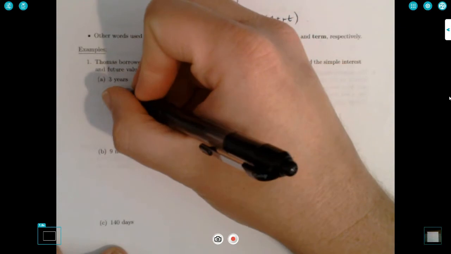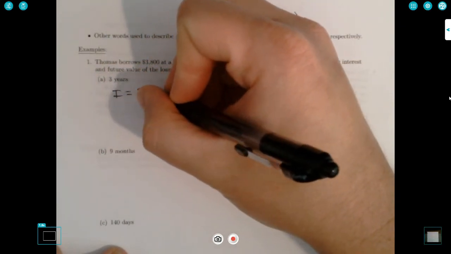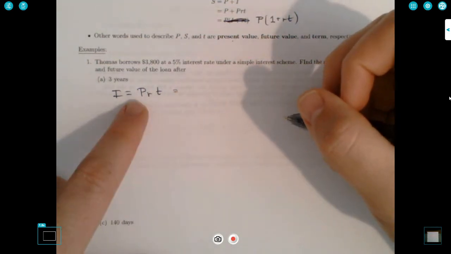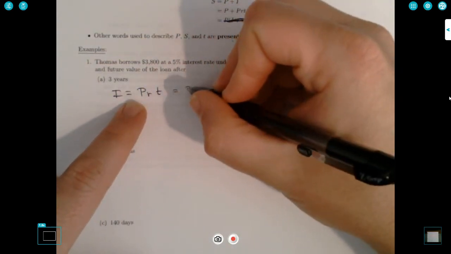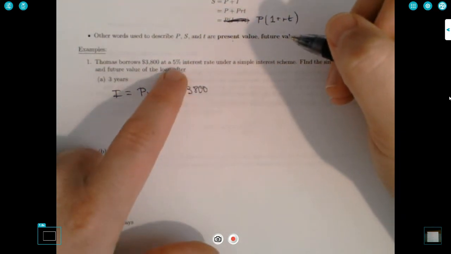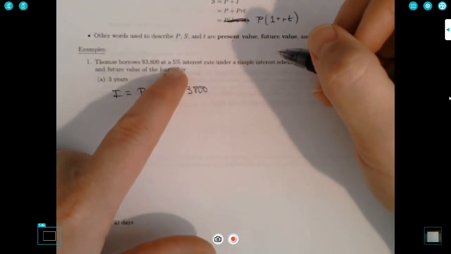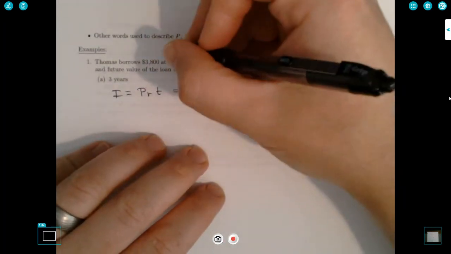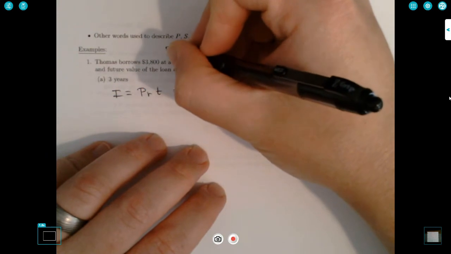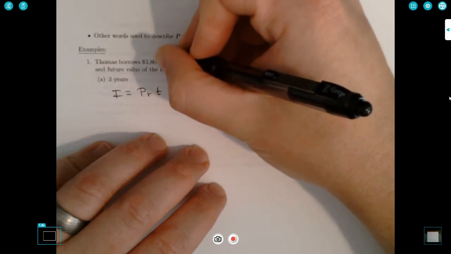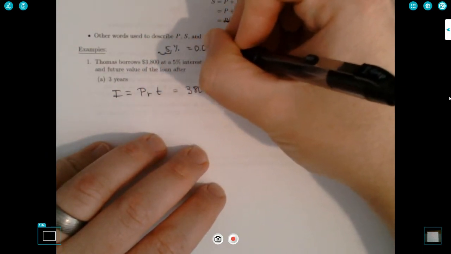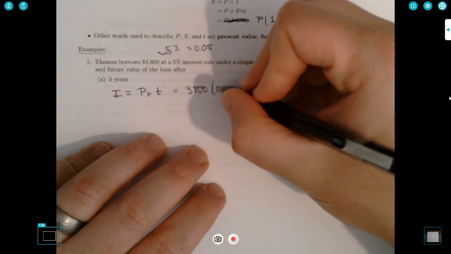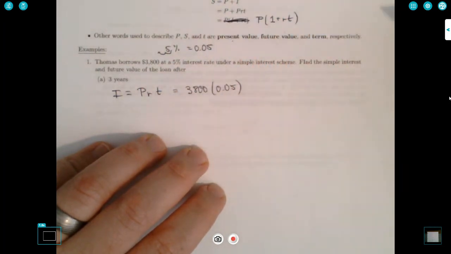The simple interest I is P times R times T. P is the amount borrowed, so that would be 3,800. The interest rate R is 5%, but you have to change that into a decimal, so don't write 5, right? 5%, you move the decimal over twice, you get 0.05.